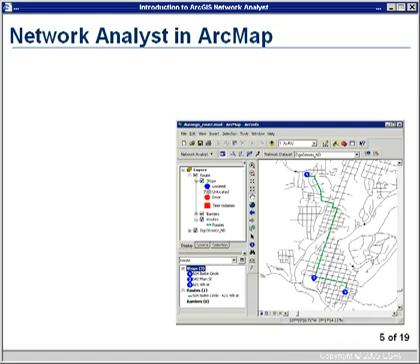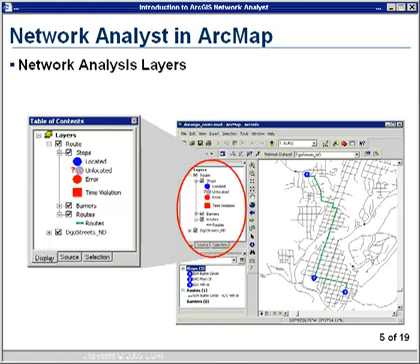In ArcMap 9.1, you use Network Analyst as an extension. Those of you out there with experience in ArcView 3x will recognize some similarities here. It works with layers just like everything else in ArcGIS. With Network Analyst, there is also a new type of layer called a network analysis layer. Network analysis layers hold the properties of the network problem that is being solved.